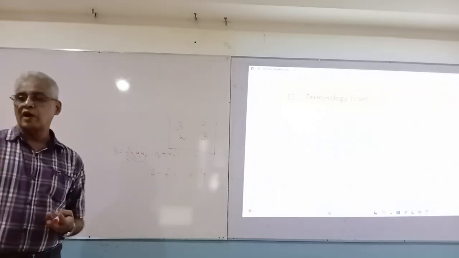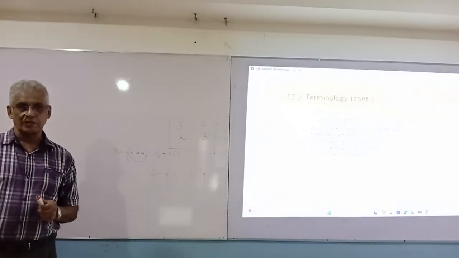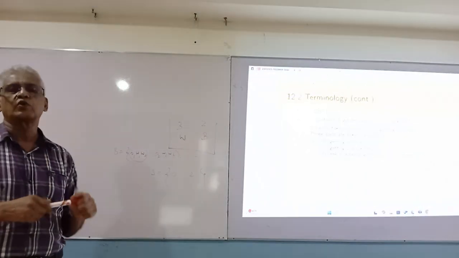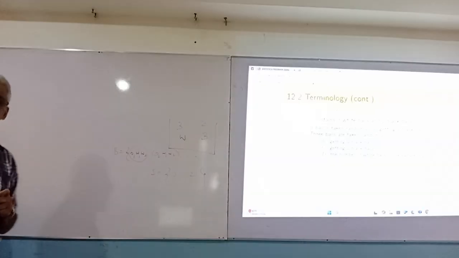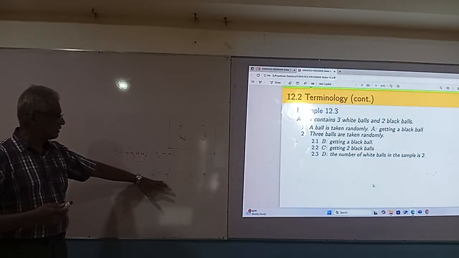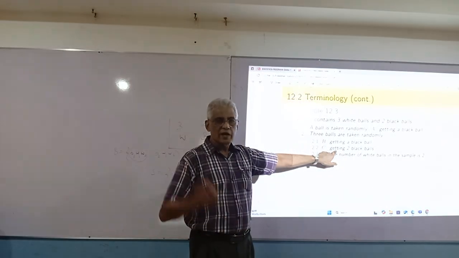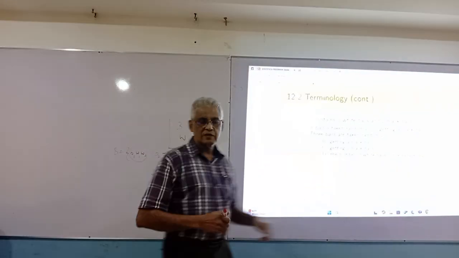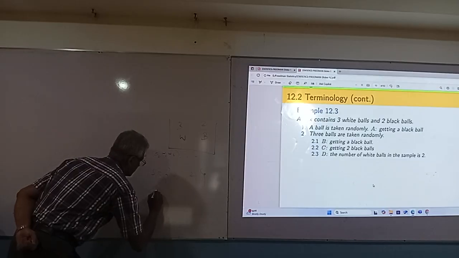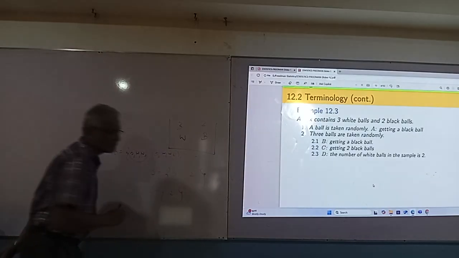So depending on how you define your experiment, depending on how you explain what you observe, your sample space can be like that. If you write down your sample space like this, the event can be written as a subset of that. So you can write down C as just 2.